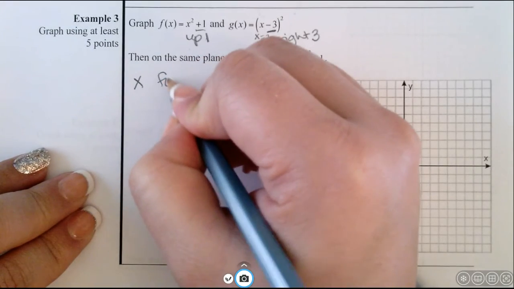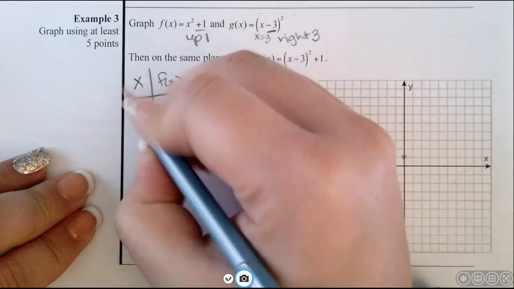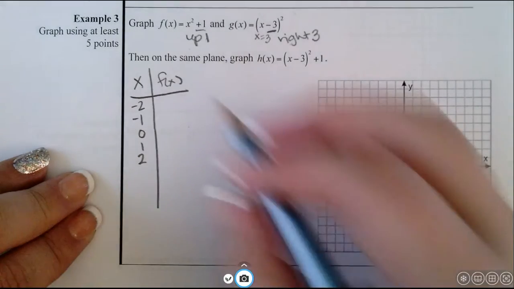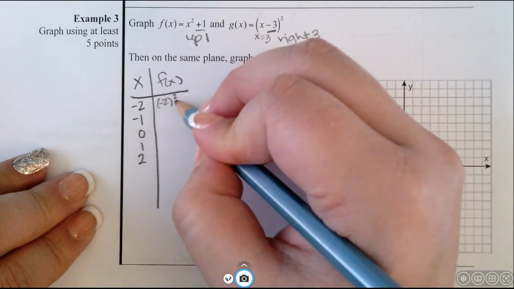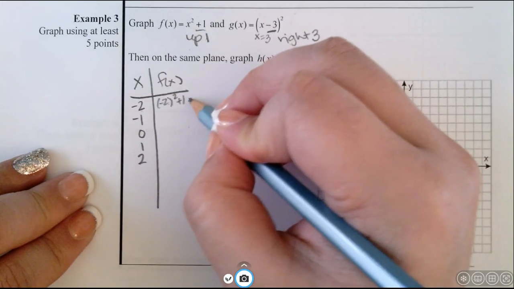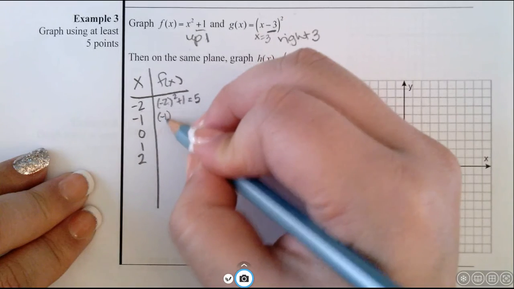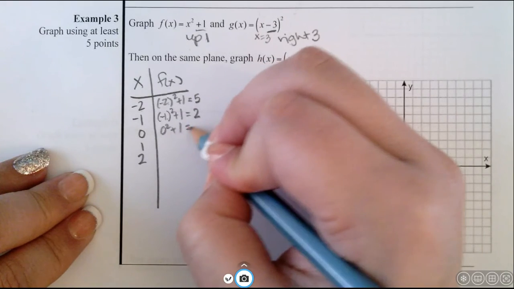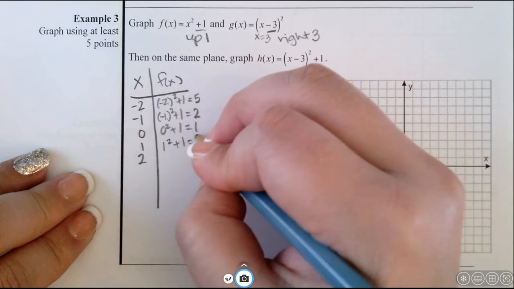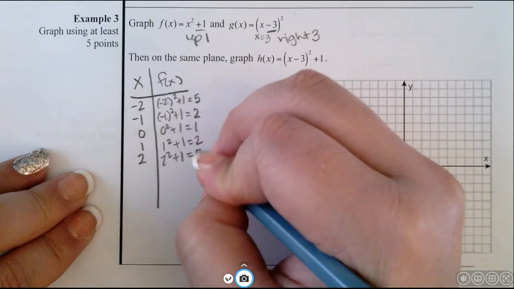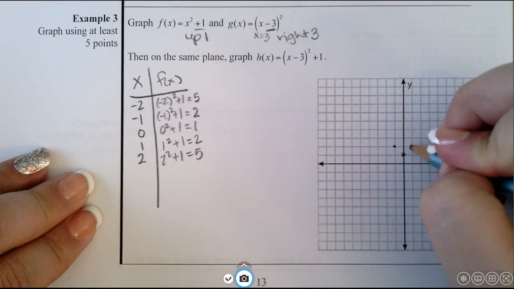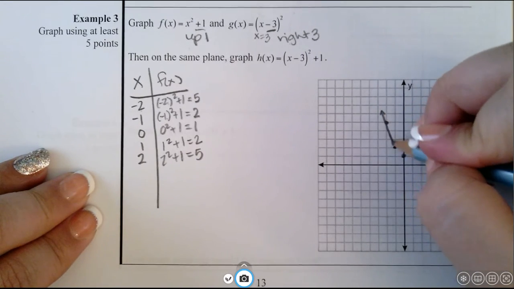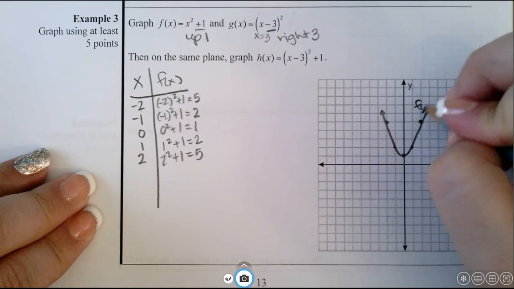X, f of x: -2, -1, 0, 1, 2. -2 squared plus 1, 4 plus 1 is 5. -1 squared plus 1, 1 plus 1 is 2. 0 squared plus 1 is 1. 1 squared plus 1 is 2. 2 squared plus 1 is 5. So we have 1, 2, 3, 4, 5. This is f of x.